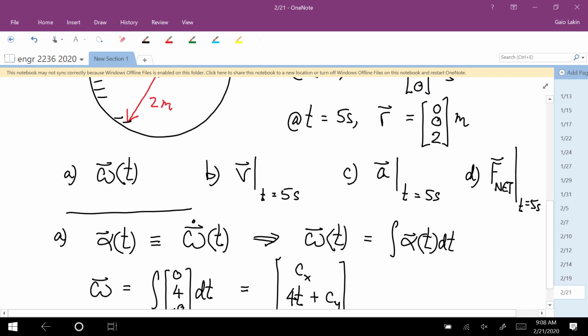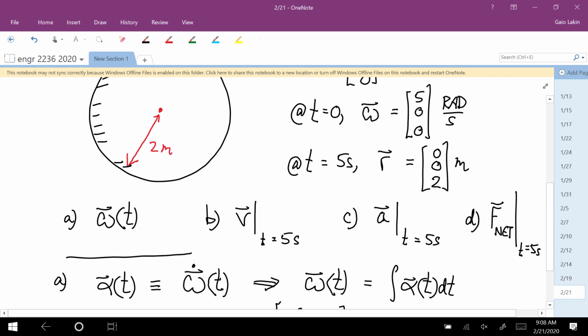We need to know those constants, so now we need to use the boundary condition.